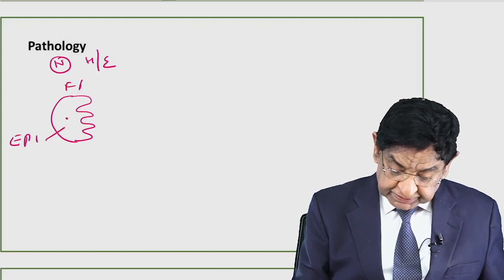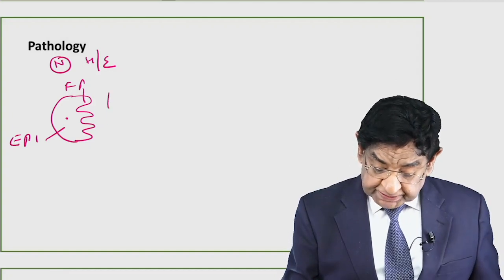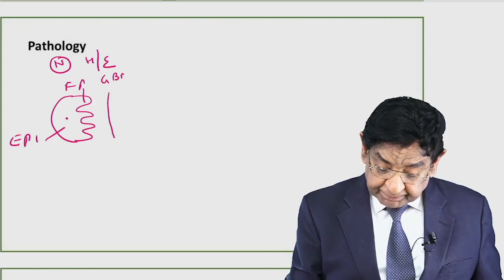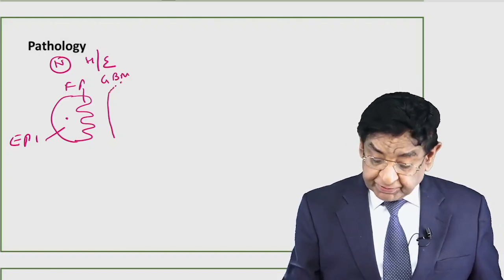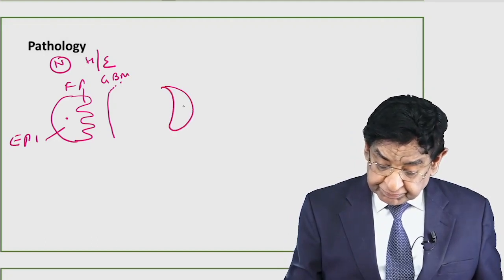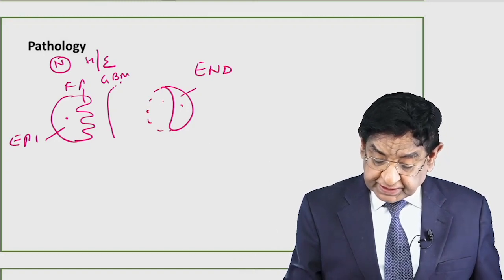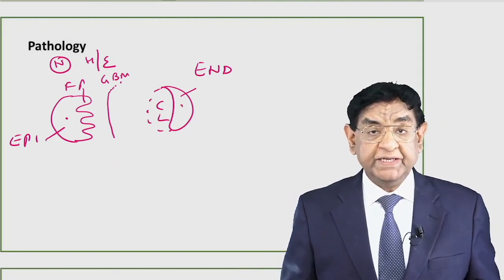And this happens to be the glomerular basement membrane, this particular structure. And here is the capillary endothelium. And this is the capillary lumen. CL stands for capillary lumen, where the blood is flowing.